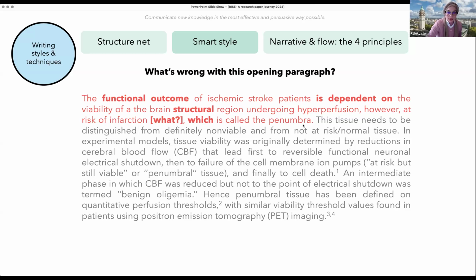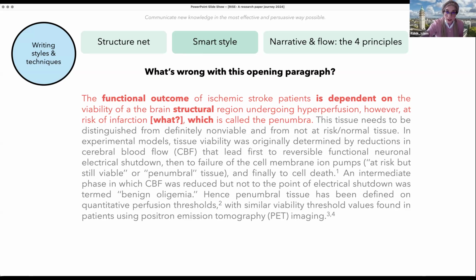And which is called the penumbra. So here it should refer to this item, which is ambiguous, right? So ambiguity is the worst thing that you can stimulate in a reader, right? So it's not good to make the reader feel ambiguous, and lack of clarity is the worst thing, as I mentioned.